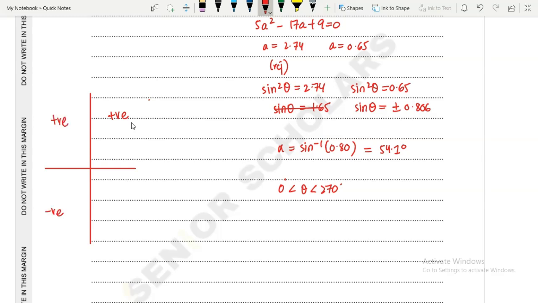As we have the negative and the positive ranges included because we have taken the under root, it is going to become 54.1 degrees to 1 dp. Then 180 minus 54.1 is going to become 125.9. Always give the angle to 1 dp, and then 180 plus 54.1 is 234.1. So this will be your answer for this question.